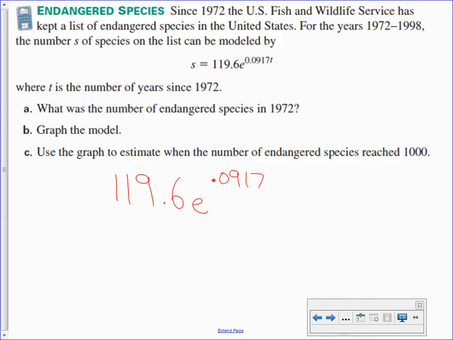I do not know. What is it? You know, the woolly mammoth is very endangered because it's dead. Speaking of endangered species, I don't know what the most endangered species is.